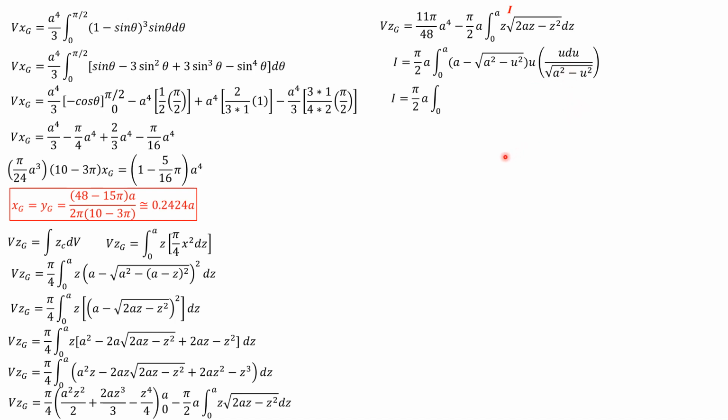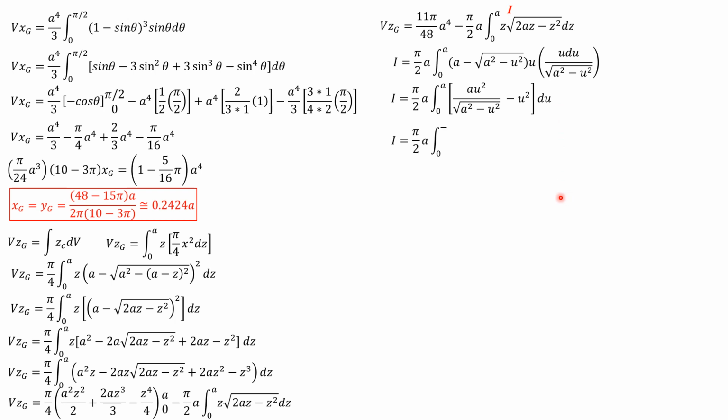So I is pi over 2a, integral from 0 to a of distribute a u squared over square root of a squared minus u squared. Then cancel square root of a squared minus u squared. Then we have u squared here, and quantity du.